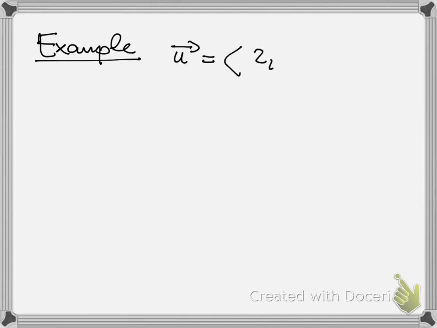So, for example, here's an example. Let's say we have these two vectors, u is equal to (2, 1, -1), and v is the vector (1, 3, 5).